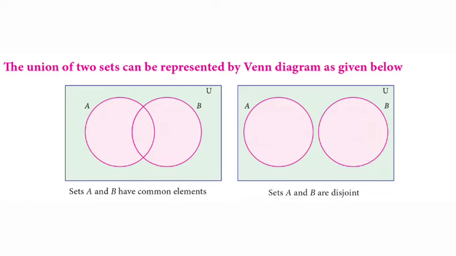In the Venn diagram, shade all the parts of A and B, that is A union B. Second one, that is a disjoint set. We have no common element. That's also A union B, A set fully shaded and B set fully shaded. That is union of two sets. Example for Venn diagram. Can you understand?